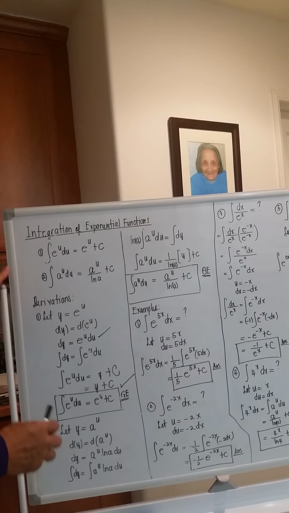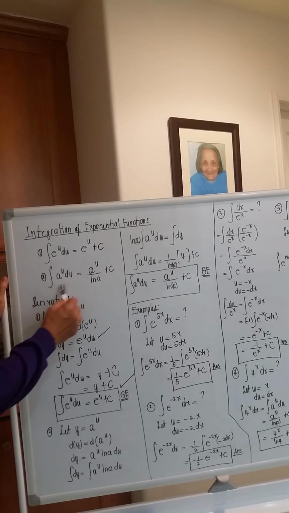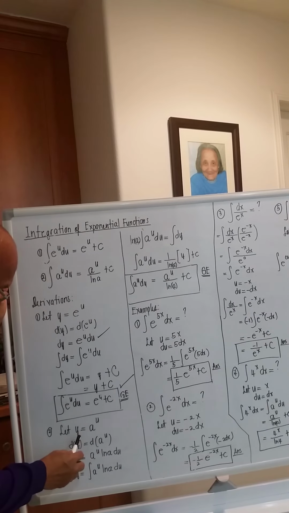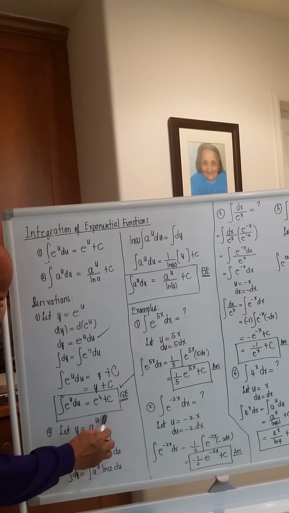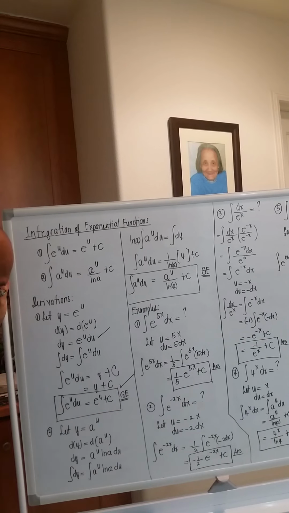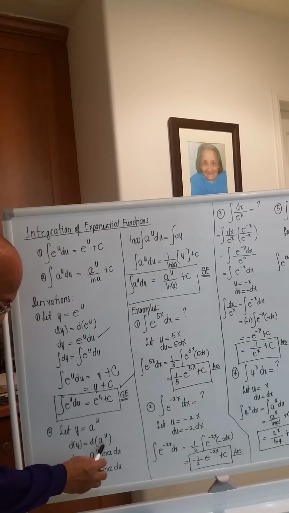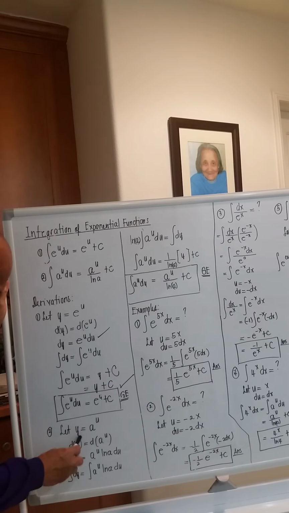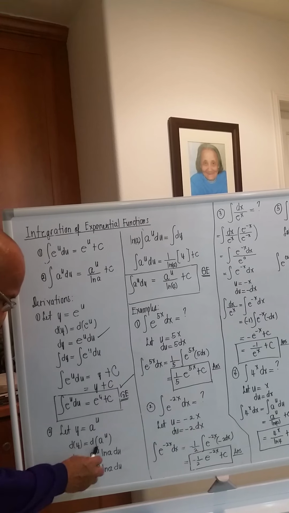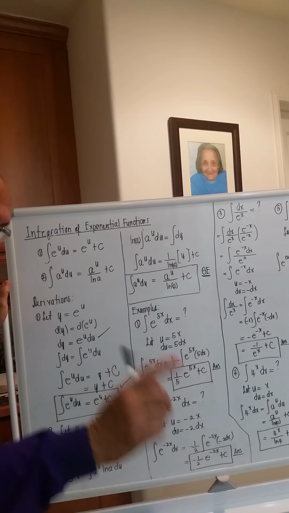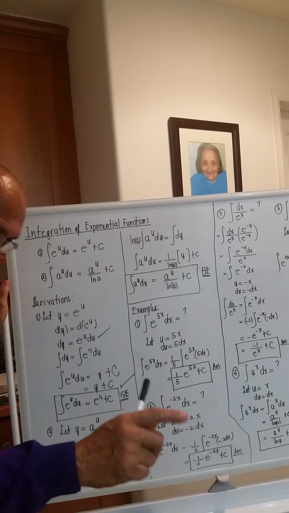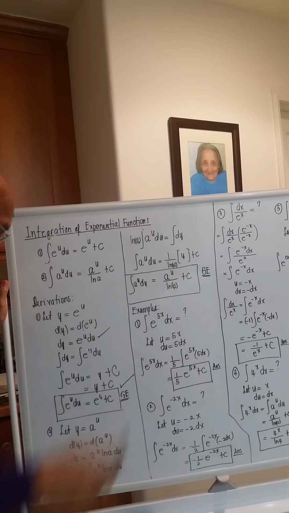Number 2, the derivation of this. We let y equal to a raised to u. Take the differential of both sides. The differential of y equals the differential of a to the u. The differential of y is just dy, and for the differential of a to the u, recall your formula on how to take the derivative of a to the u.